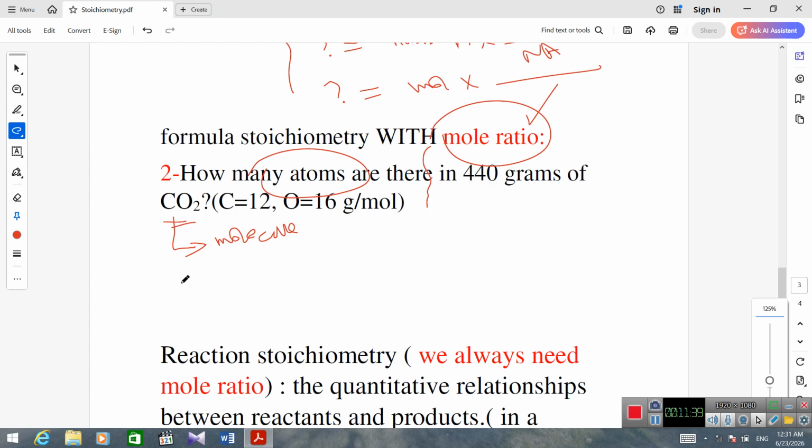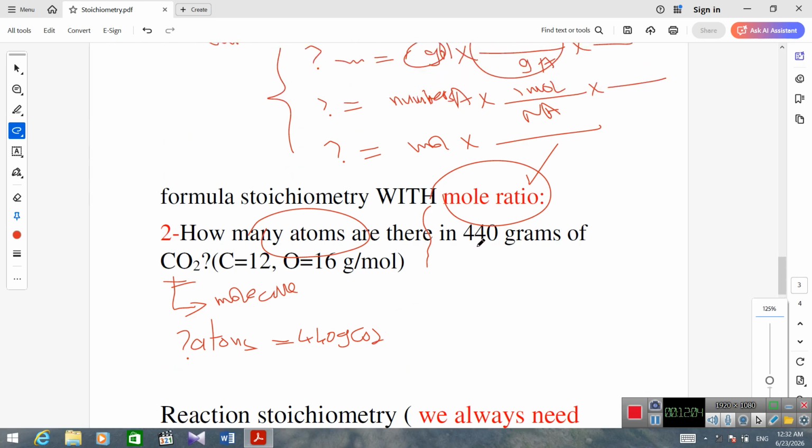As I said, we locate the question mark, how many atoms, and then the given data, 440 grams of CO2.